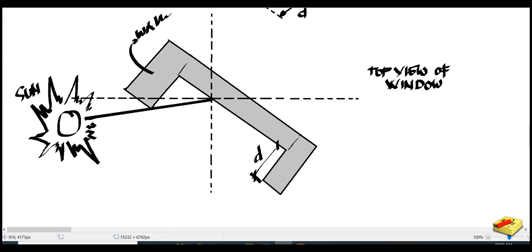Then we have here the wall azimuth angle.